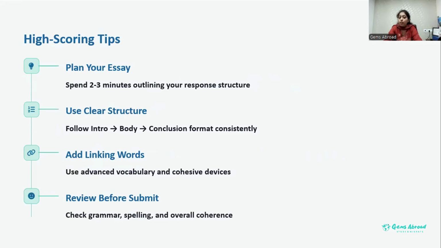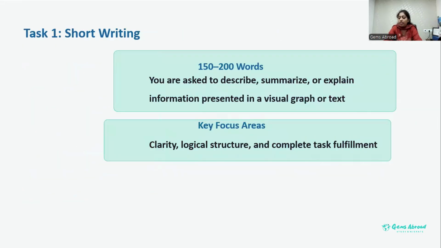In your short writing, in the introduction, paraphrase the task prompt. In the overview, you can highlight the main trends, patterns, or stages. Your body paragraphs show comparisons, like the highest or the lowest. And the conclusion sums up the main points. You have to focus on the trends and the key points of Task 1, not every number.